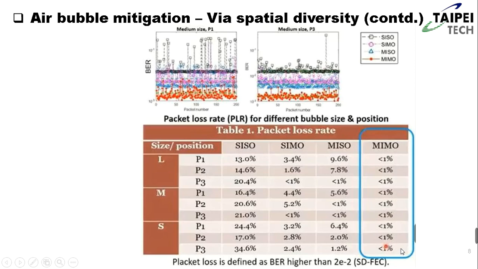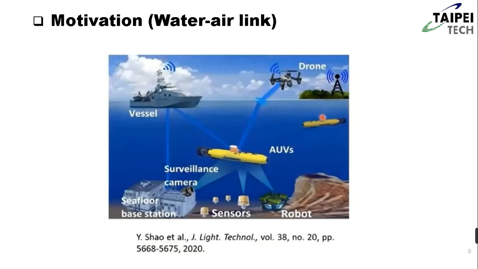This verified that spatial diversity is effective in resolving bubble-induced impairments.